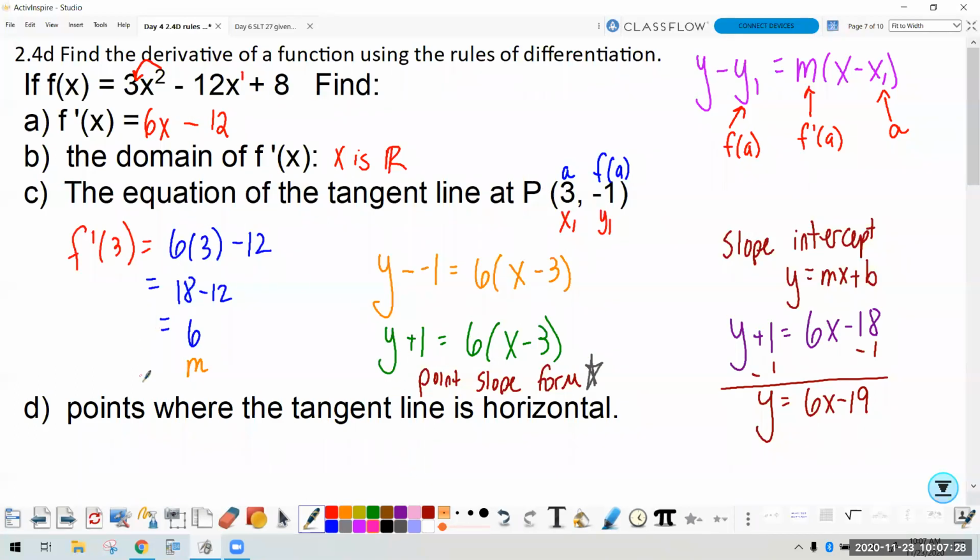Okay, last part. What are the points where the tangent line is horizontal? Horizontal means a slope of 0. So part D is asking us to find anywhere the derivative equals 0.